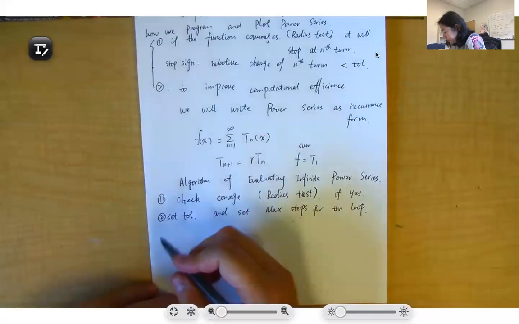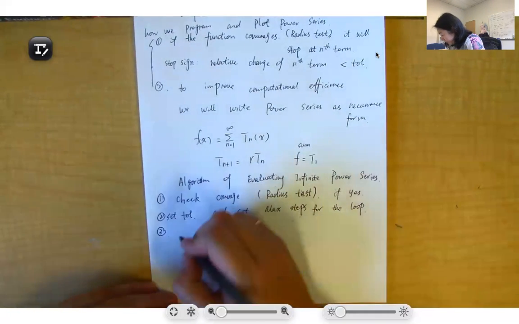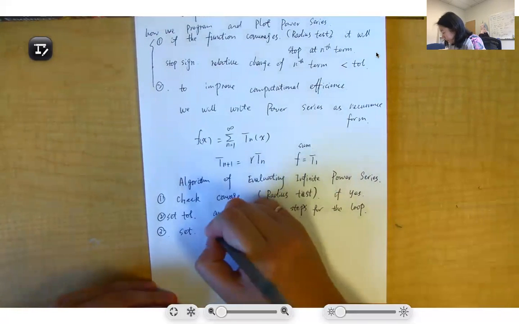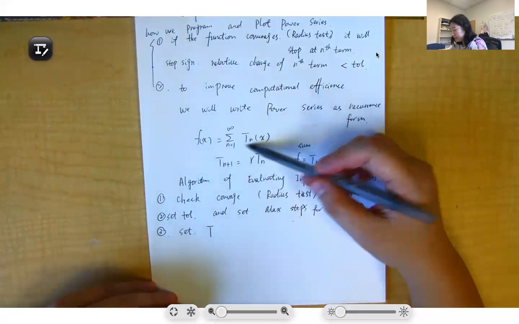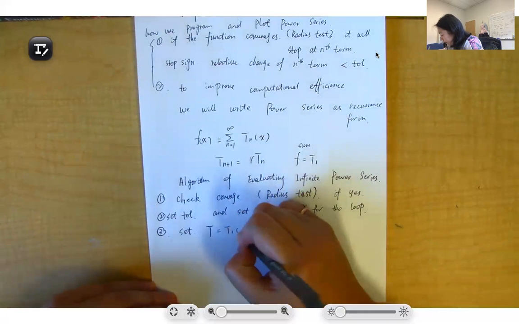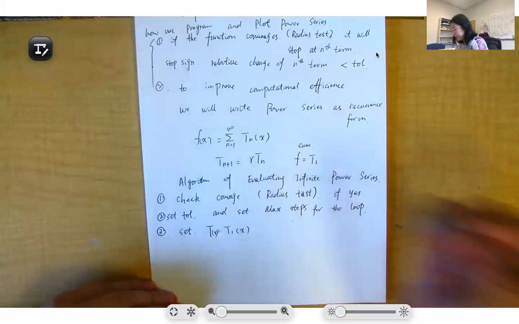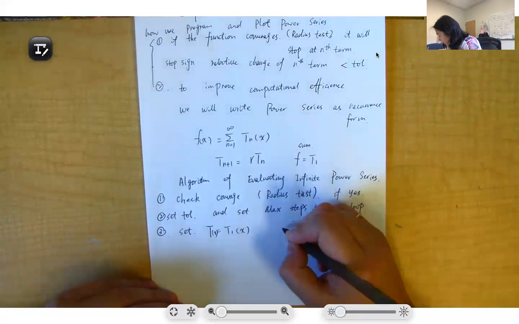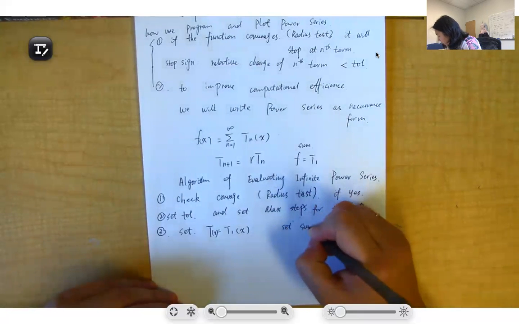Then next, you will set the first term, where each term is represented by t(x). So the first term will be t_1(x), right? So t(x) equals t_1(x), that is your first term. Then you also set the sum term.